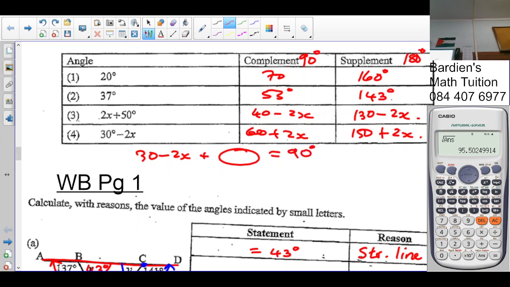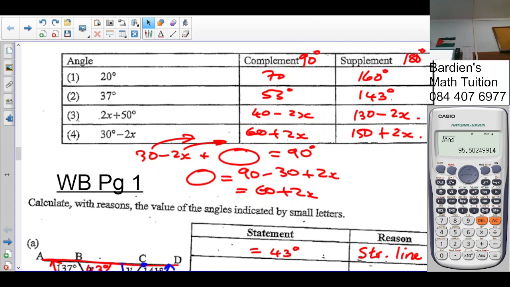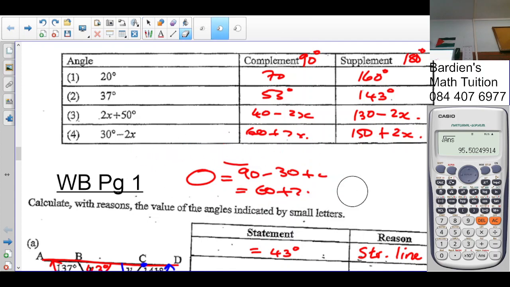Must be the complementary angle. So to get that on its own, we take 2x over and 30 over. So it's 90 minus 30 plus 2x. 90 minus 30 is 60, and 60 plus 2x is what we need to find.